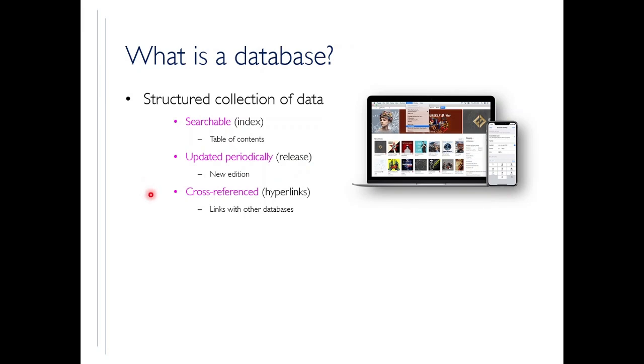It's cross-referenced as well, so there are often hyperlinks on said databases to link to other databases out there. So you may have a nucleotide sequence that you're searching, and it may have a link to a protein database where you can get 3D and structural information from that other database.